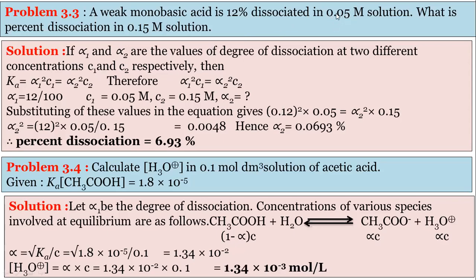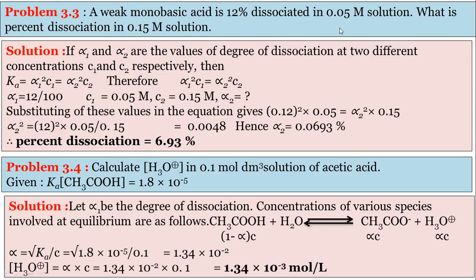So K is equal to alpha 1 square C1 is equal to alpha 2 square C2. Therefore, alpha 1 square C1 is equal to alpha 2 square C2. Alpha 1 is given as 12%, so we have to do 12 divided by 100.